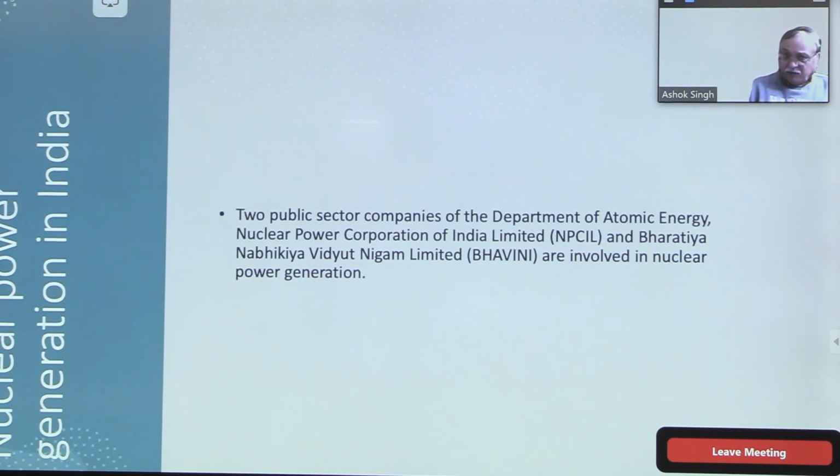The Department of Atomic Energy, given its strategic importance for nuclear weapons, India's defense, I guess that should be under the direct control of the Prime Minister. The Prime Minister is the minister in charge of the Department of Atomic Energy. Of course, the actual work would be done by the Atomic Energy Commission.